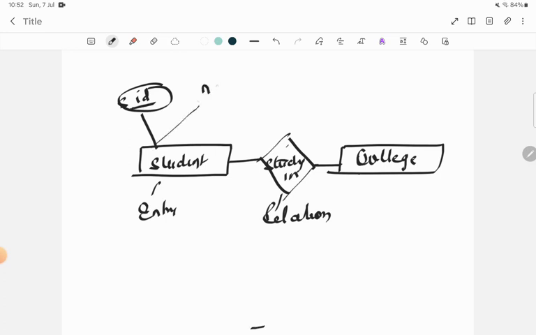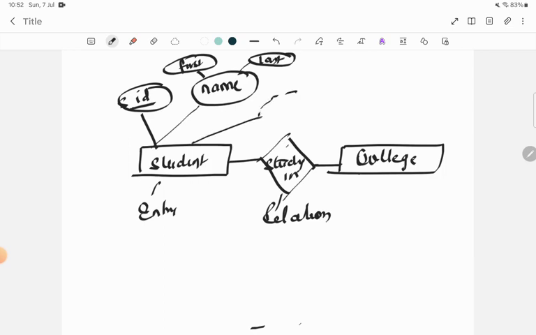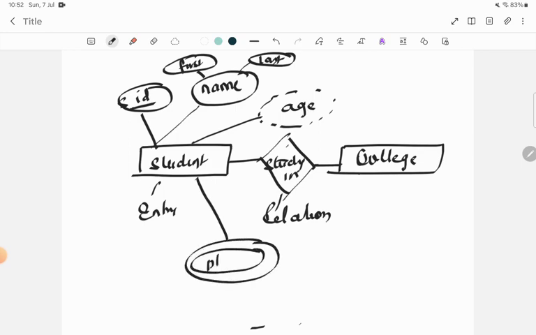The name is a simple attribute, or it can be a composite attribute because the name can consist of first name and last name. The age of the student can be a derived attribute. The phone number of a student can be a multi-valued attribute. So this is an example of the simplest diagram we can see.